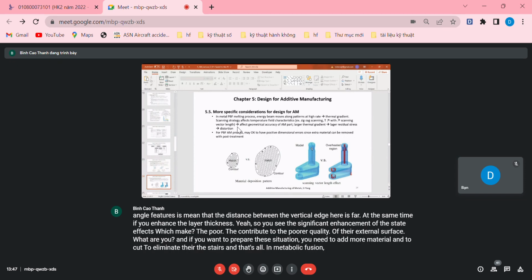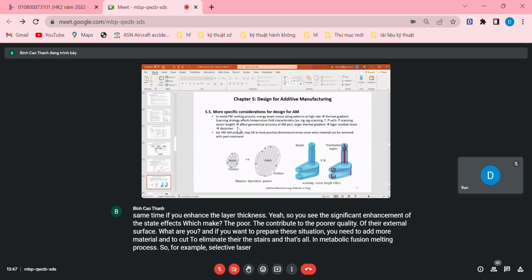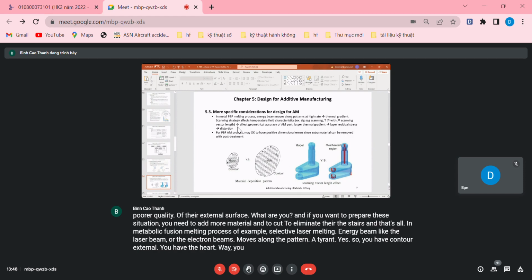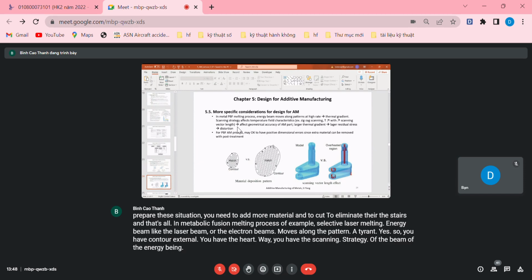In the metal powder bed fusion melting process, for example selective laser melting, an energy beam like the laser beam or the electron beam moves along a pattern at high rate. So you have the contour externally, and you have the hatch where you have the scanning strategy of the energy beam.